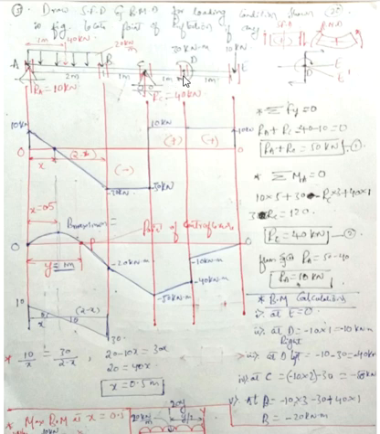Then there is a clockwise bending moment, which is called a constant bending moment, acting at point D, and at point E there is a point load of 10 kilonewton. Now before proceeding further, let us analyze this constant bending moment.